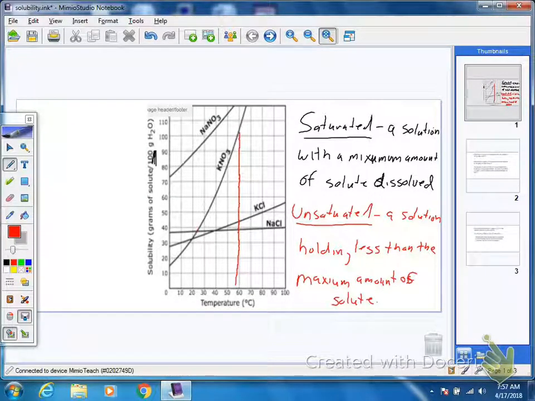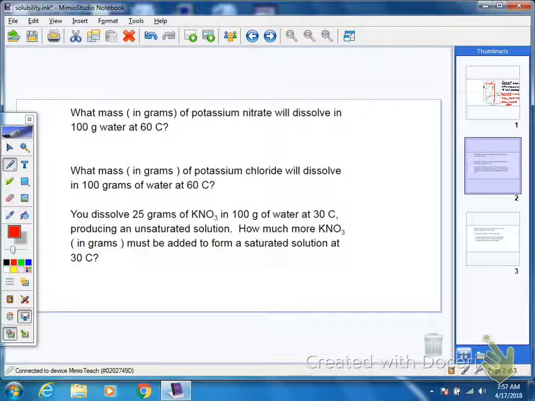Okay, and then we go over. It looks like to be 102. So that would be the maximum amount. So whatever you hit on that line is the maximum amount, or called the saturated level. So the answer for this first one would be 102 grams.